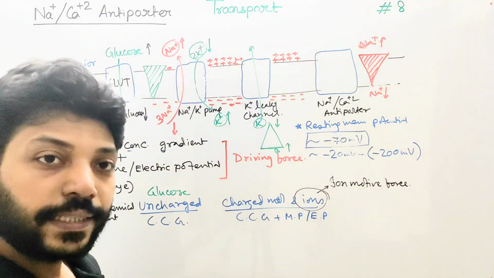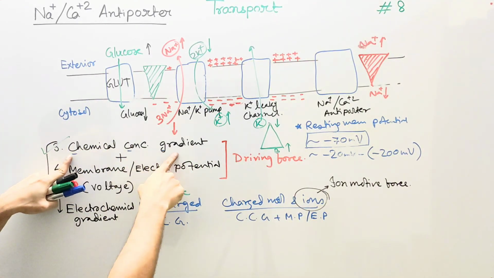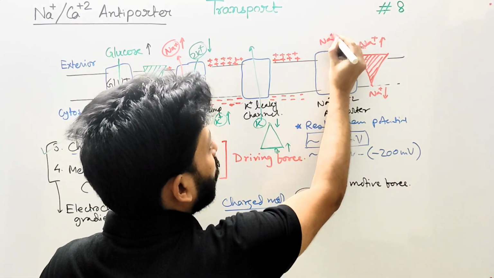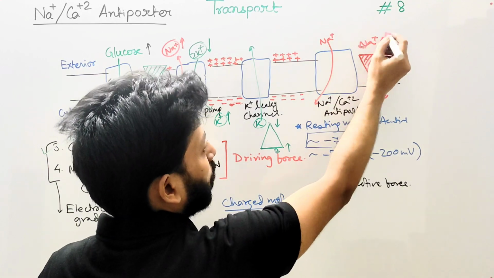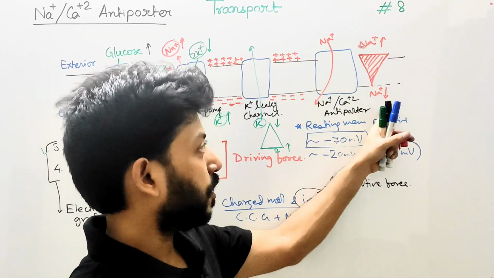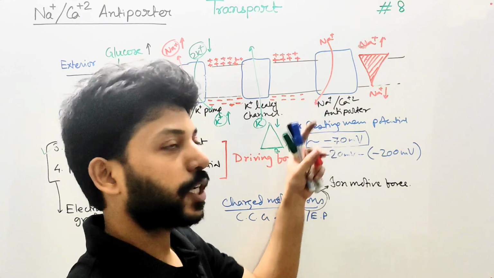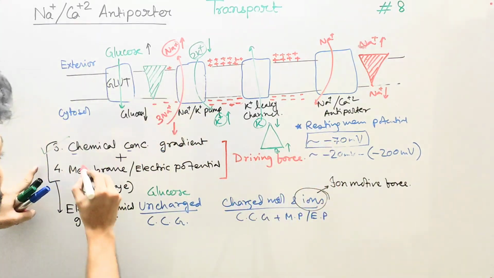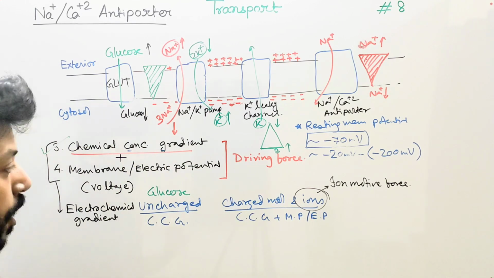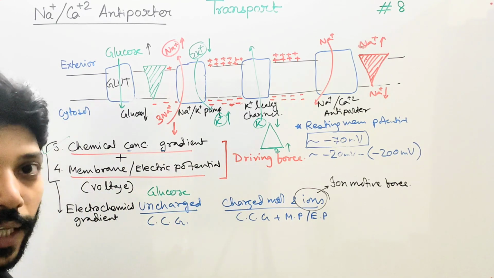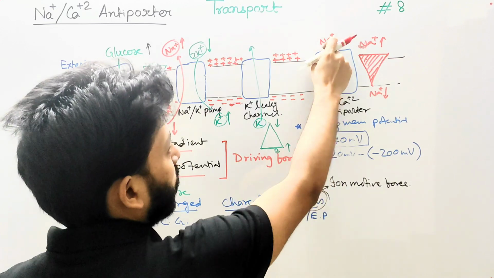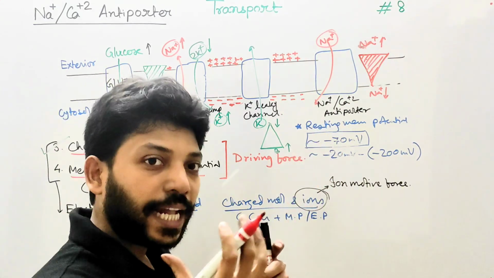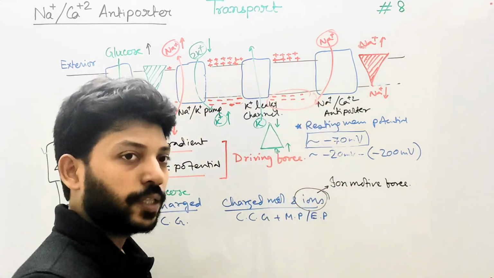Now, this electrochemical gradient helps to import, so sodium will move inside the cells because outside sodium concentration is high and inside is low, so it will move from higher to lower concentration. That is downhill movement. But here not only is this chemical concentration gradient helping the movement, but the membrane potential is also working beneath. How? See here, positively charged ions will be more attracted toward the negatively charged area.